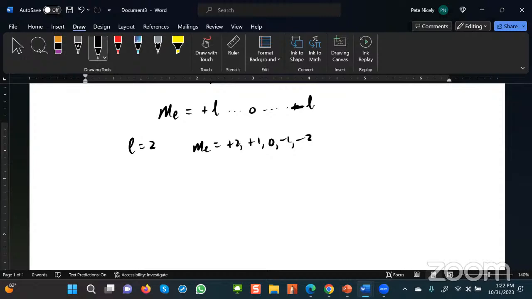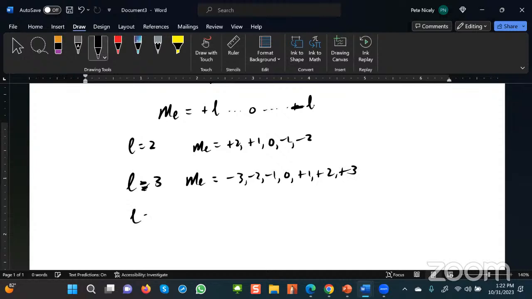That's if L is equal to 2. If L is equal to 3, then what would be the possible values of ML? -3, -2, -1, 0, +1, +2, +3, right?